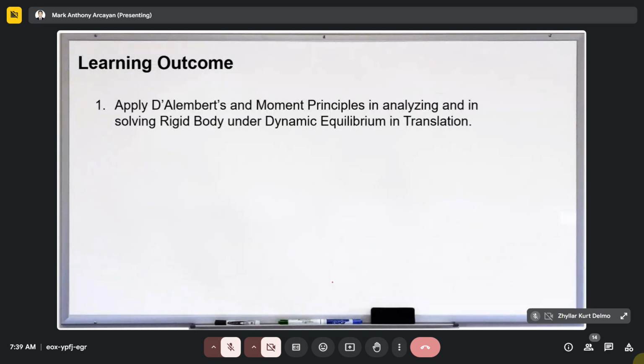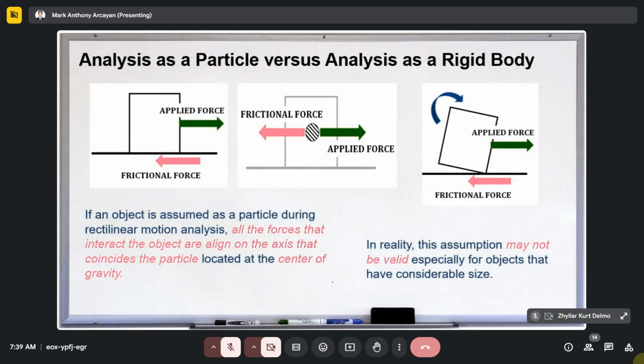Okay, for this lesson, you will be able to apply these two important concepts when performing kinetic analysis. You are going to apply the D'Alembert's principle and the moment principle in solving rigid body under dynamic equilibrium, and specific only for translation.